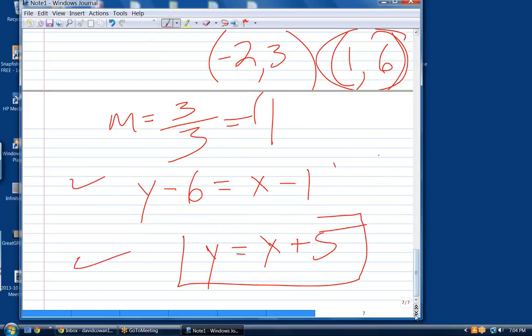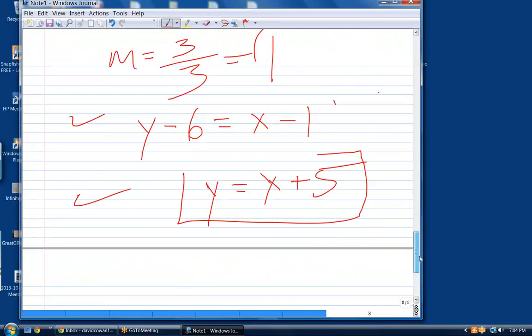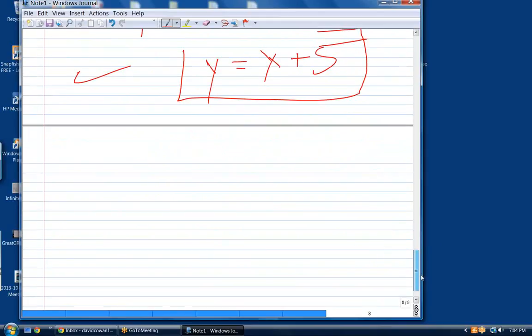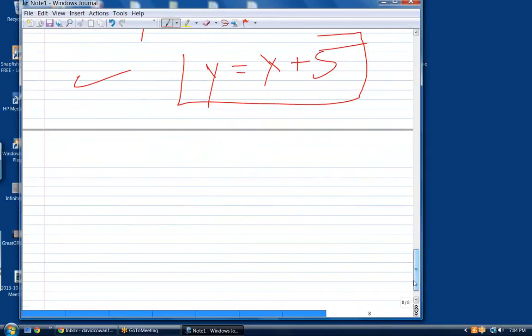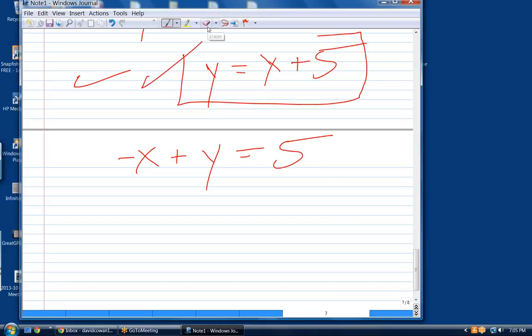Now give me that equation in standard format. Okay, in standard format, that would be 1x plus 6y equals... Notice that I worked off of this.